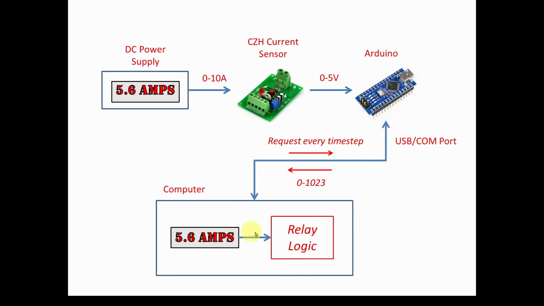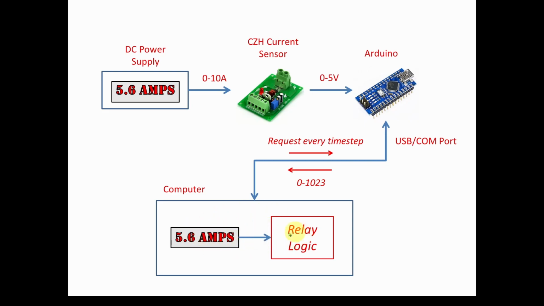And our software simulator is going to get the values read by the Arduino, and we're going to request every time step, like a tenth of a second or whatever, from the Arduino, say, hey, read the voltage coming from the sensor, convert it to 0 to 1023, and we're going to use that in our relay simulator software.